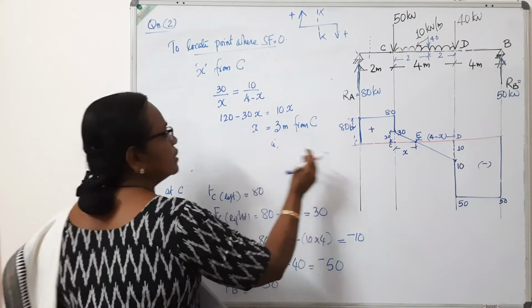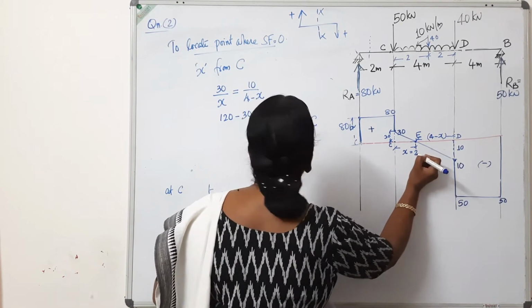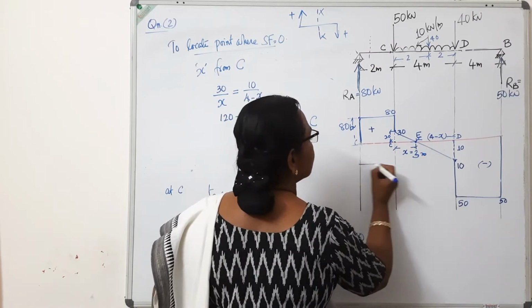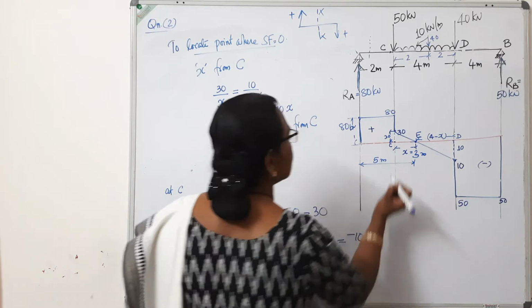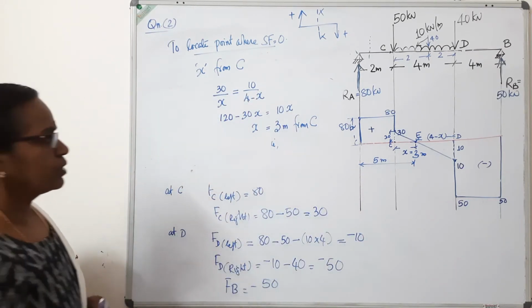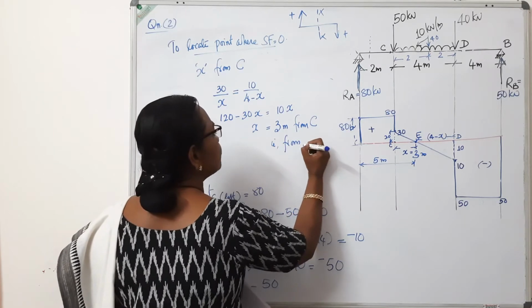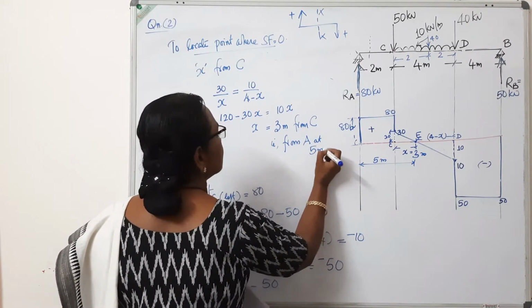That is, the point of zero shear force is 3 meter from this point C. So it is at this distance from the left support. It is at 5 meter. Always mention the distance from A, at 5 meter.